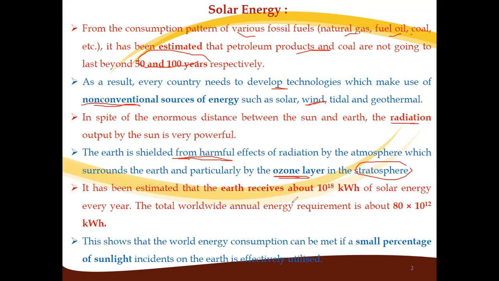It is estimated that the earth receives almost 10 raised to 18 kilowatt hour of solar energy every year, and the total annual energy requirement of our world is 80 into 10 raised to 12. So the energy received from solar, if used 100%, would satisfy the annual energy requirement of the world.